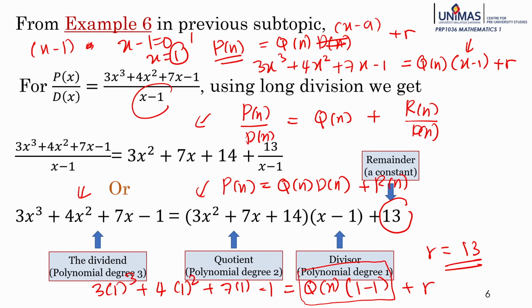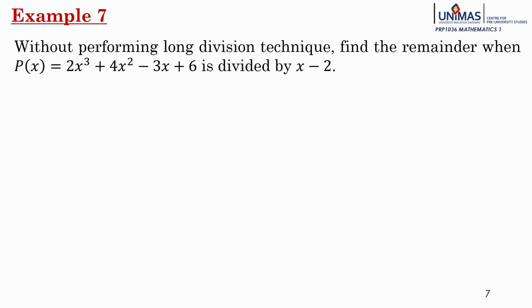Let's see the next example, example 7. Without performing the long division technique, find the remainder when P(x) equal to 2x cubed plus 4x squared minus 3x plus 6 is divided by x minus 2.